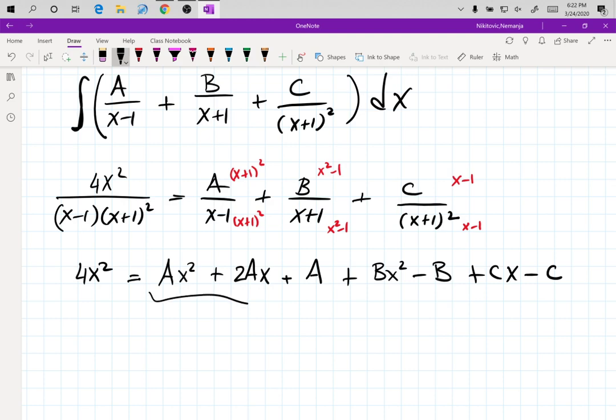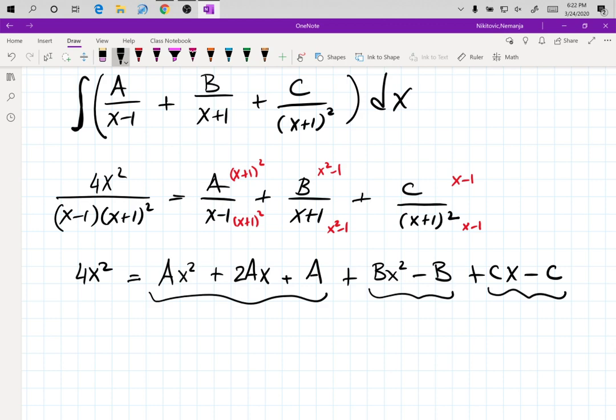So these 3 are from the first, these 2 are from the second, and these 2 are from the third. So we multiplied each denominator by what's missing. That multiplies the same into numerators. And since all denominators are the same, they just cancel. And we can just work with numerators now.